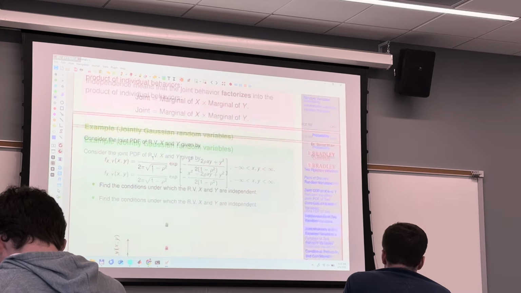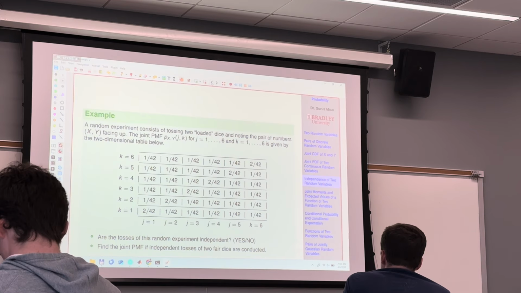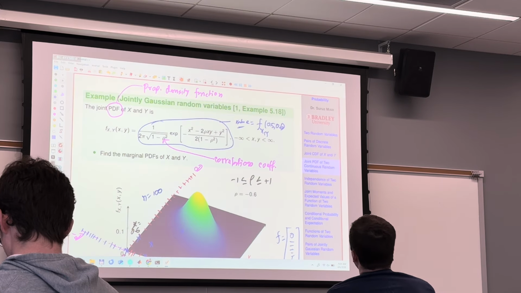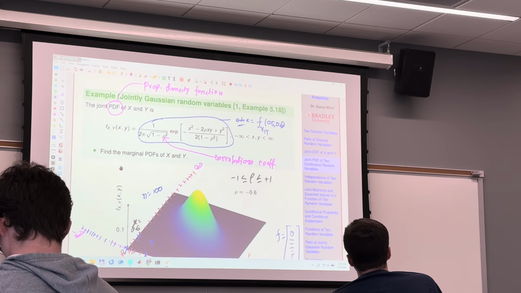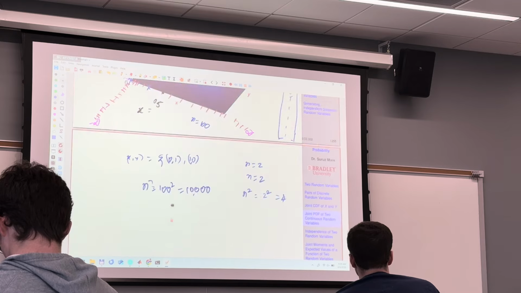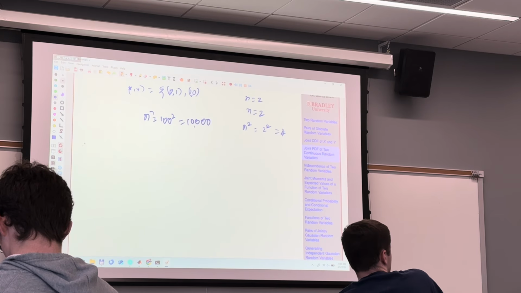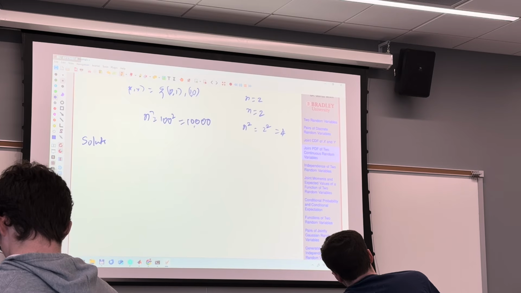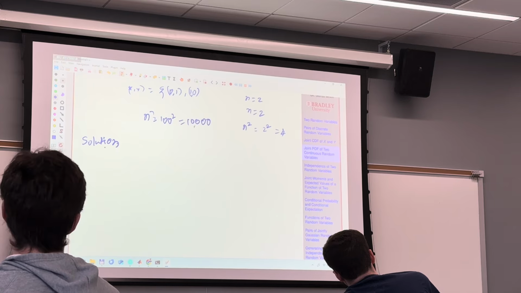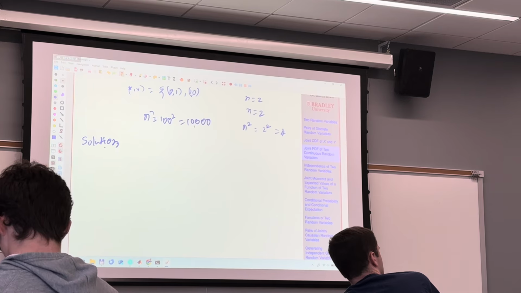Now let's talk about this example. We are here to find the marginal PDFs of random variables x and y. Solution.